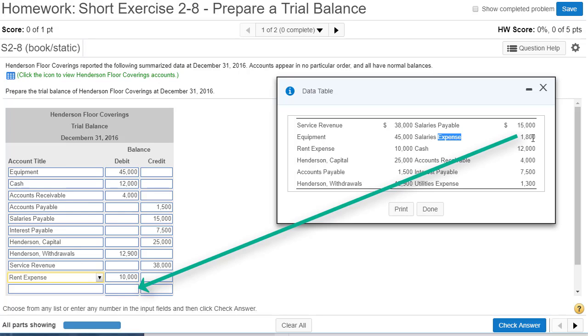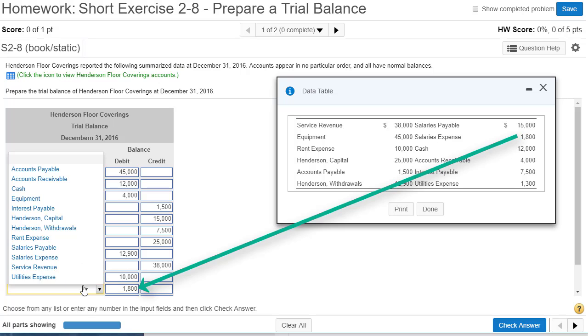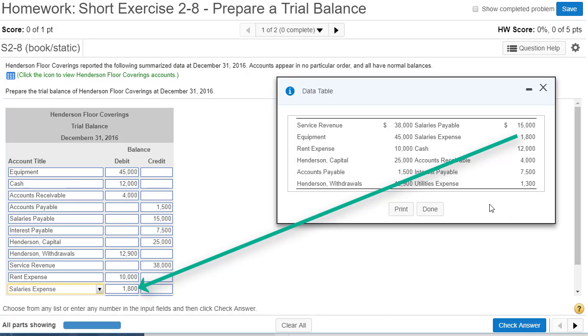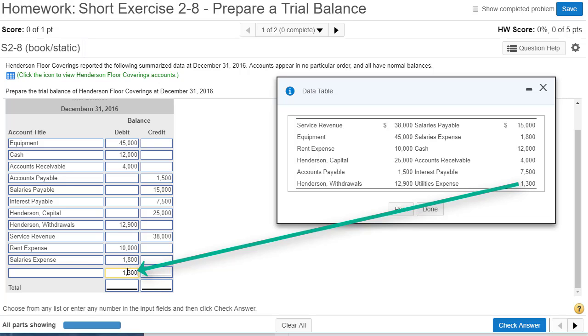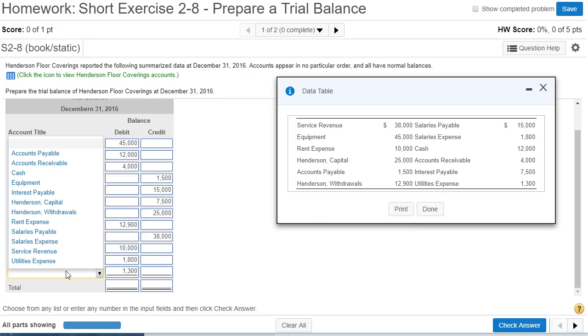We've got salaries expense, $1,800. Any other expenses after salaries expense? We have utilities expense, $1,300, on the left side.